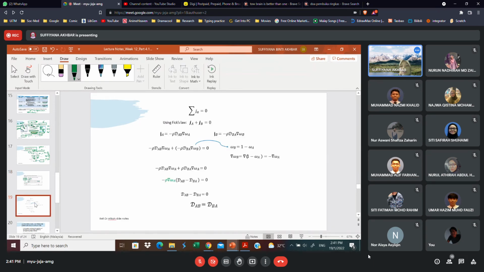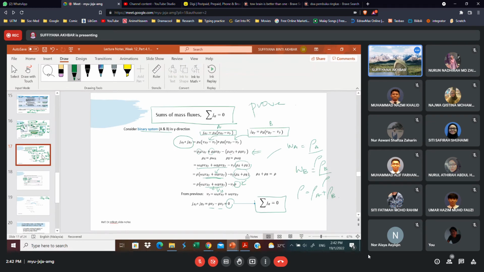Okay. Now we would like to prove the mass diffusivity, for example, in binary system, DAB is equal to mass diffusivity of BA. The value is similar. But before that, what is the meaning kalau dikatakan mass flux is equal to 0? Apa maksud dekat situ?